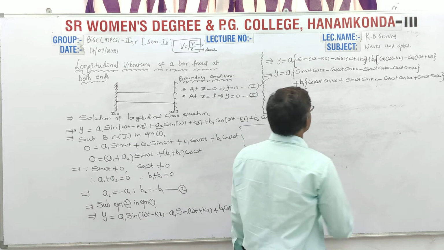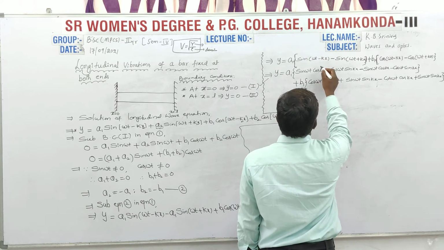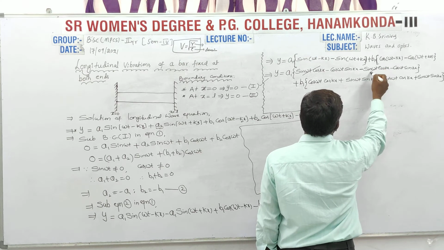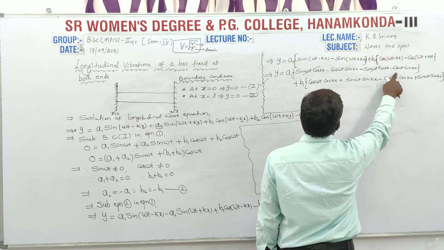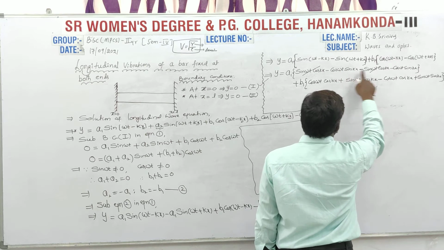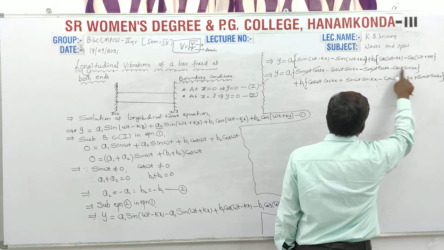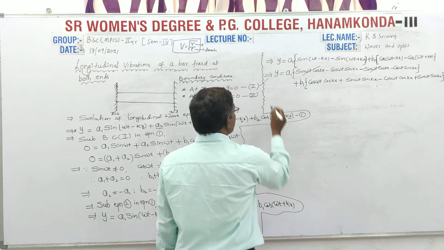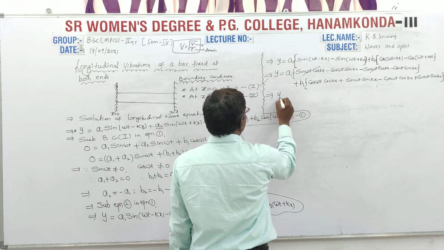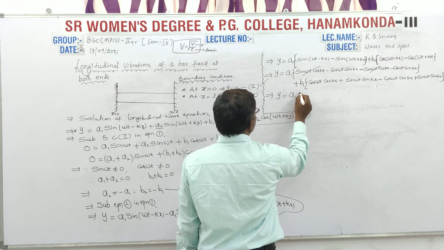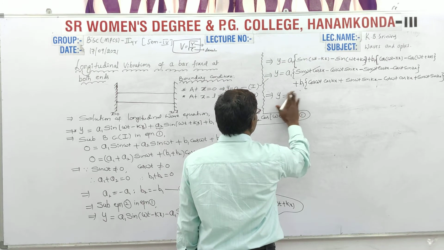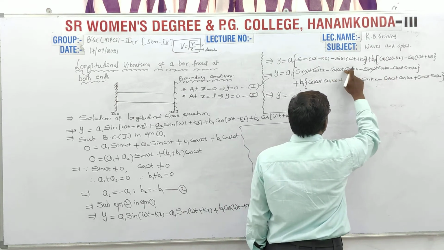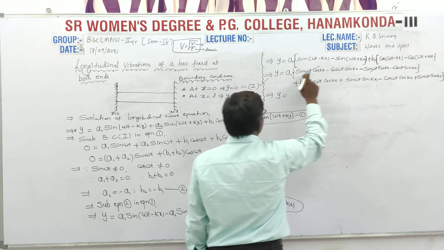So here we are having sin omega t cos kx plus, this is sin omega t cos kx minus, and these two terms will be added. Cos omega t sin kx, cos omega t sin kx, both are having negative sign, you can add. So the next step will be y is equal to a1, this becomes minus 2 cos omega t sin kx.